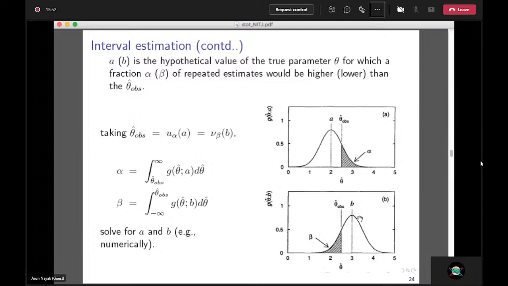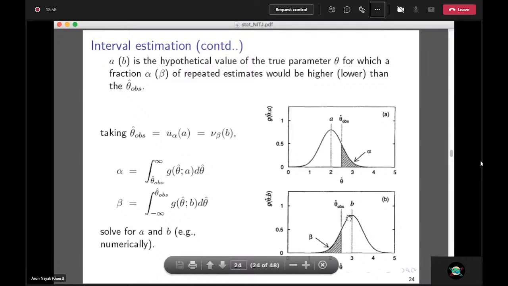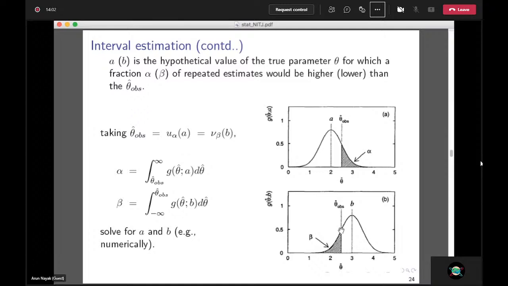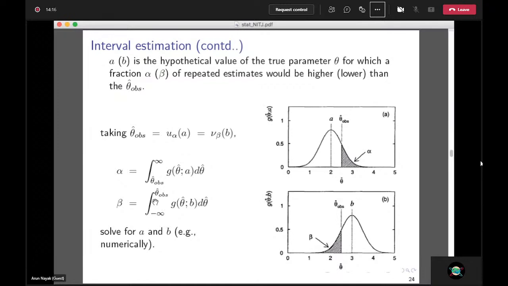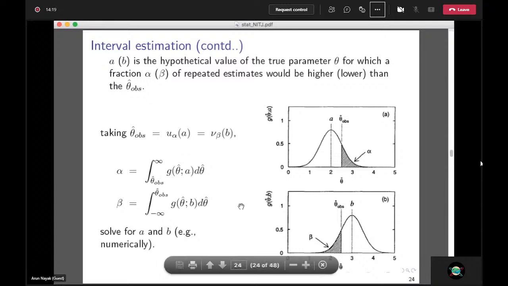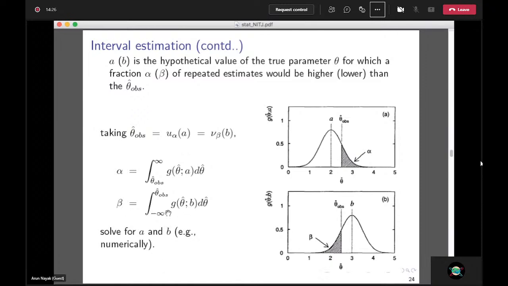So that means if we assume B is the true parameter, then we will have another distribution for theta hat, and suppose our observed value is theta observed, then the fraction here gives beta. So you can write beta as the integral of this distribution g of theta hat from minus infinity to theta observed, and this is the cumulative distribution for this PDF, and then you can invert it to get the value of B. Sometimes you may have to solve it numerically if you don't have a known cumulative distribution function.